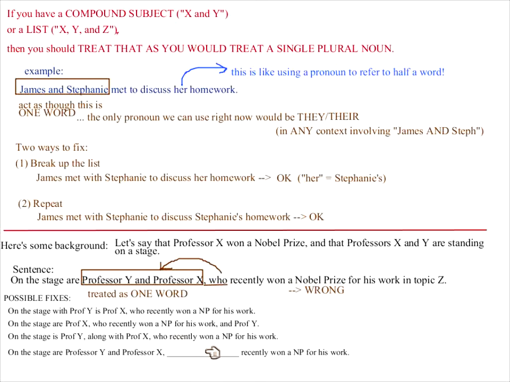You can't put Professor X here because that would create a run-on sentence. So let's okay, these that don't work. You can't put who because that creates the original issue. You can't put Professor X because that is a run-on sentence. It's a comma, also known as a comma splice.